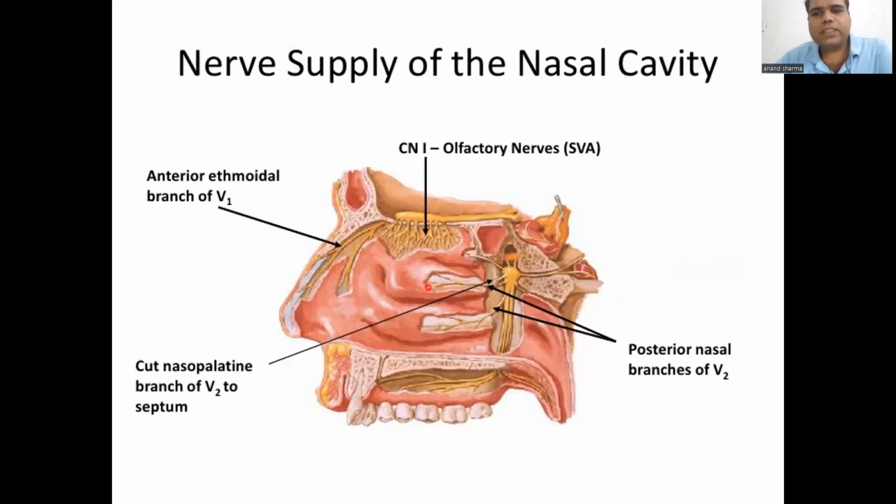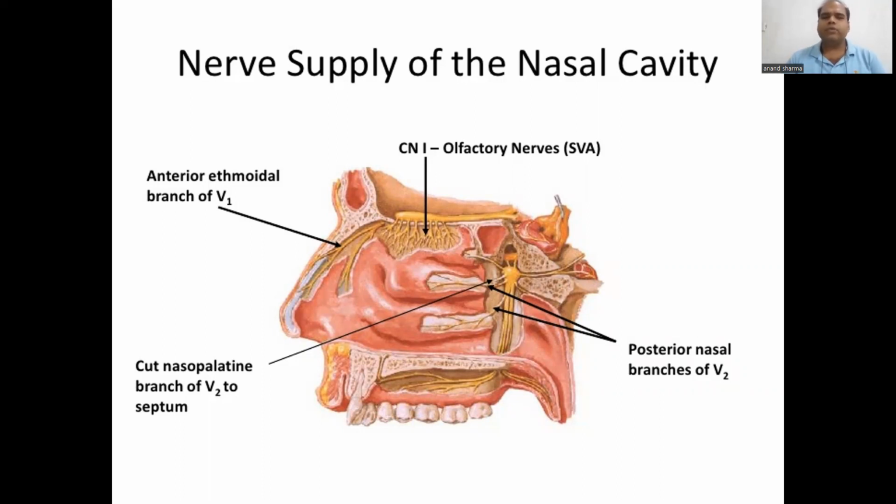Now the nerve supply of the nasal cavity. The nasal cavity is supplied by the anterior ethmoidal branch of V1, that is, the ophthalmic branch of the trigeminal.